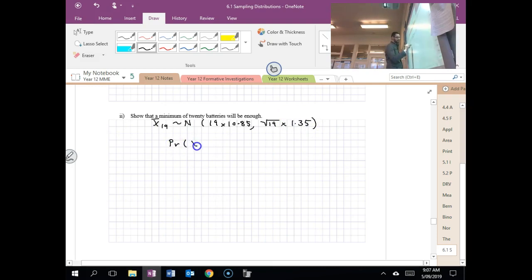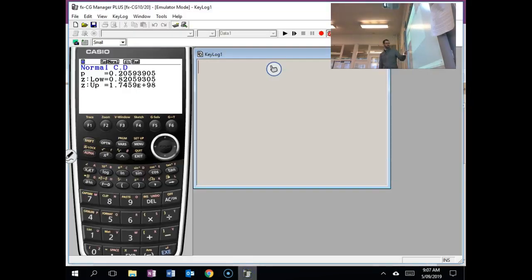Then the probability that S19 is greater than 200 is equal to, we're going to have to come back to our calculator. I'm going to keep 1E99 as the upper value, but now it's going to be the square root of 19, I probably should pop that in brackets, times 1.35, and then the mean is 10.85 times 19, and that gives me 0.852.